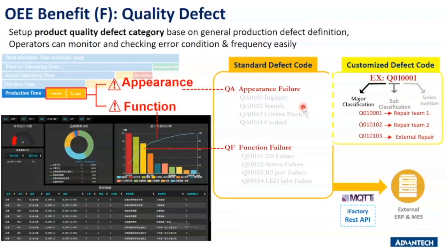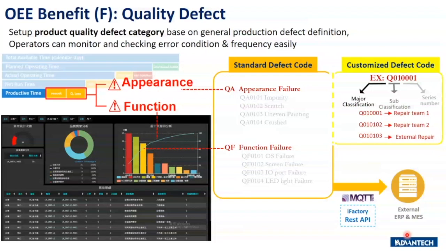If it's a function failure, it could be an operating system failure, a screen failure, an I/O connection failure, or an LED light indicator failure. So again, you can make use of our platform to customize the defect code and do your own definition to suit your requirements, for your market, for your production line. Similarly, all the information can be sent out as well.